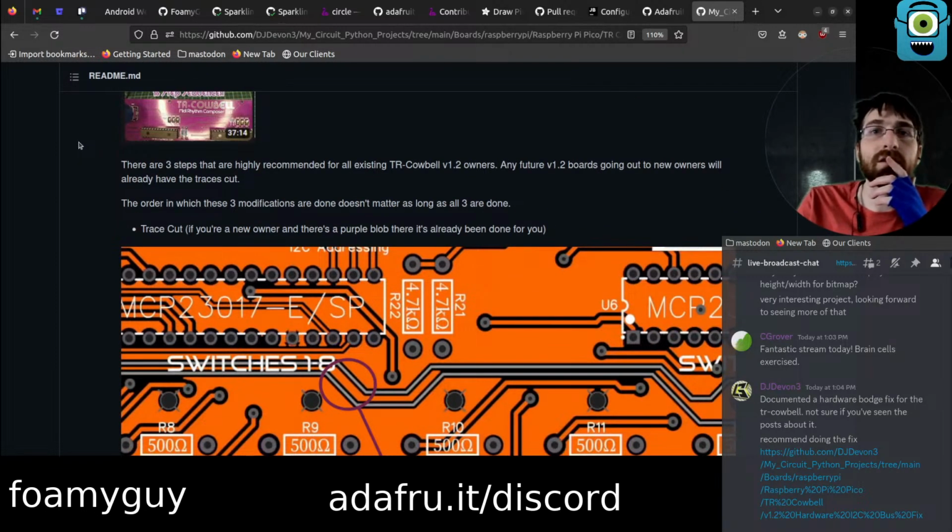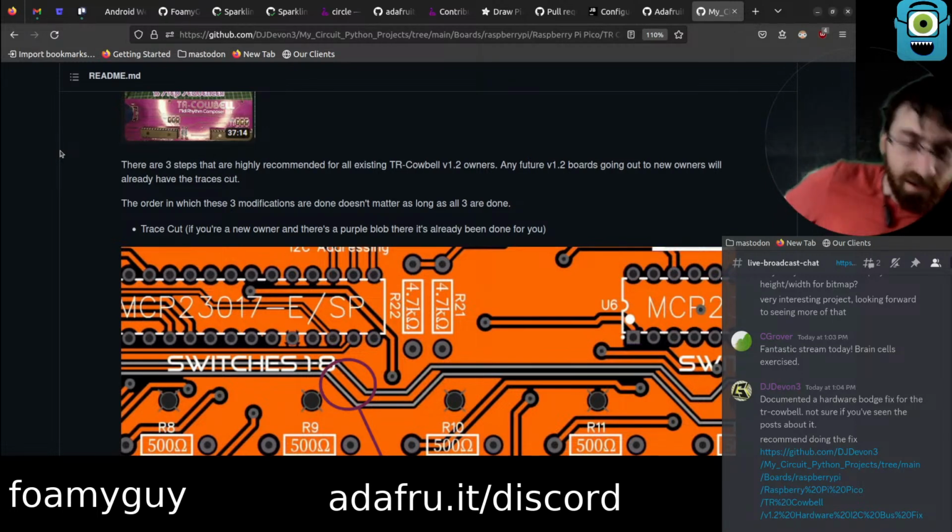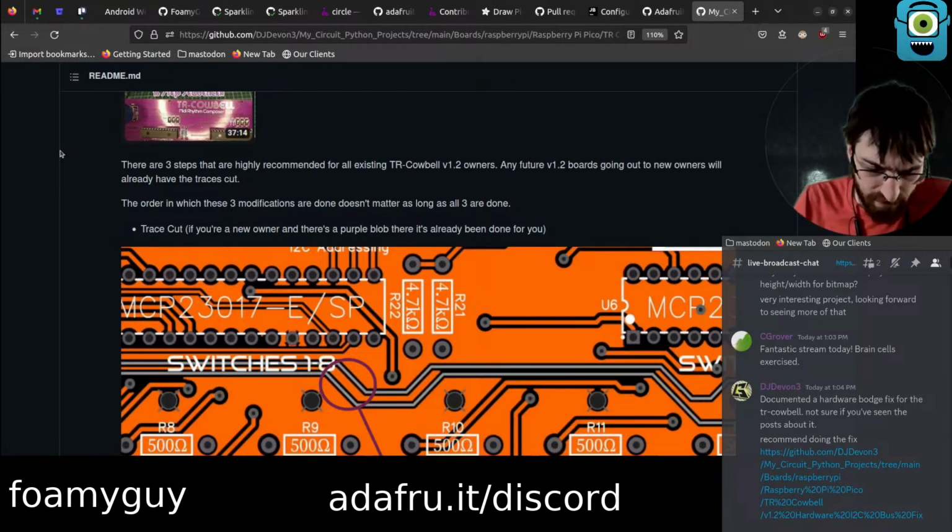3 steps highly recommended. Trace cut. This is by the MCP, one of them. Okay, yeah, I see the little dip there.